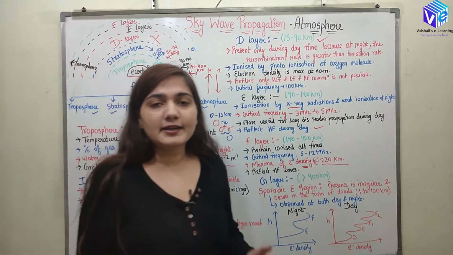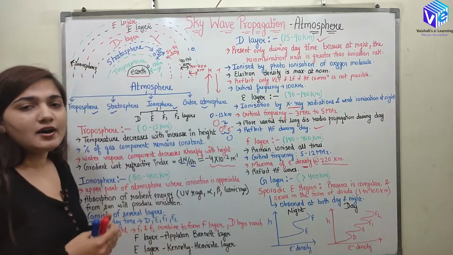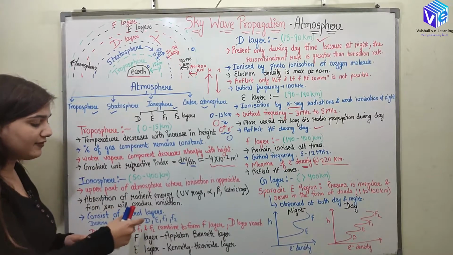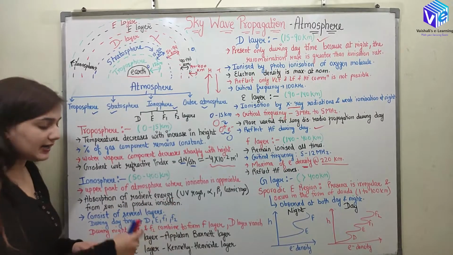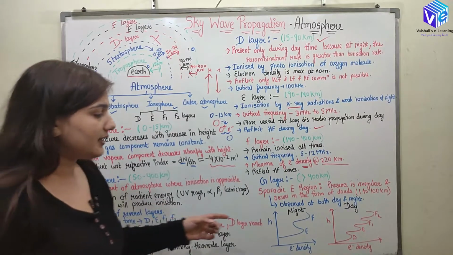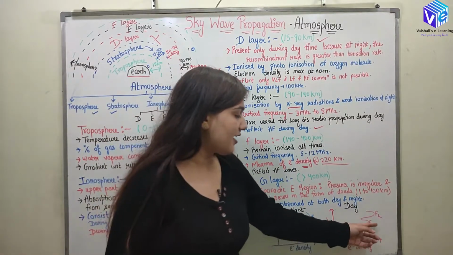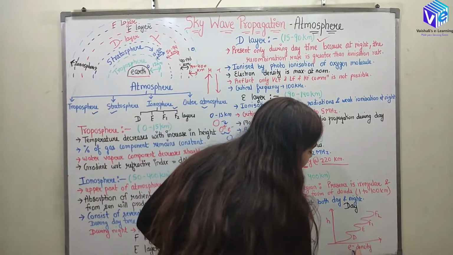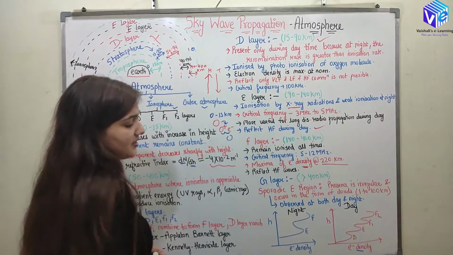In the daytime, because I have sufficient energy of the sun's radiation, I will have all of the layers intact: D layer, E layer, F1 as well as F2 layer. So during the daytime I will have D, E, F1 and F2 peaks. Here I am representing electron density on the x-axis and height on the y-axis.